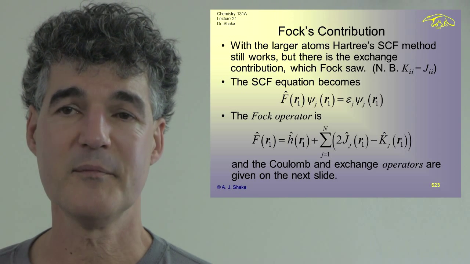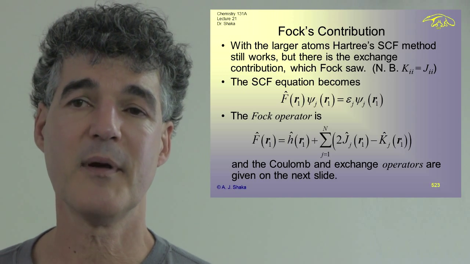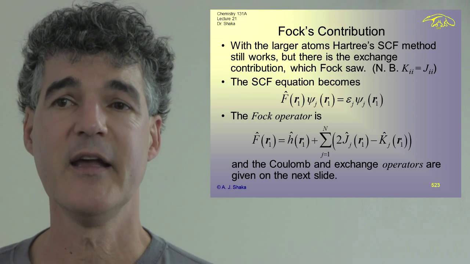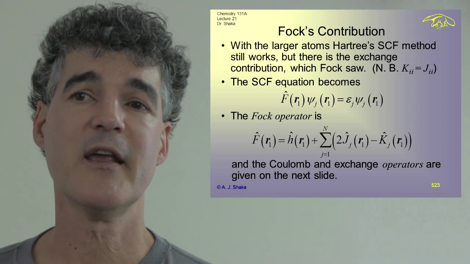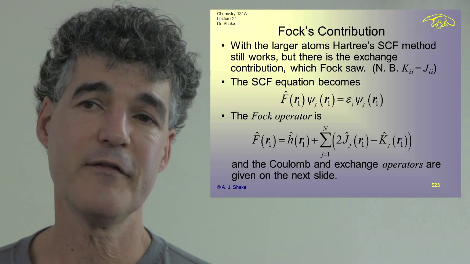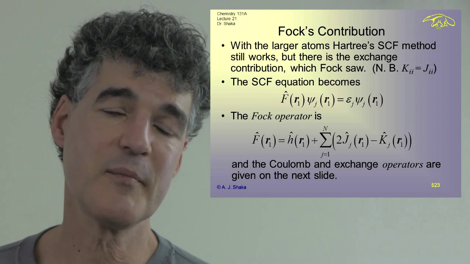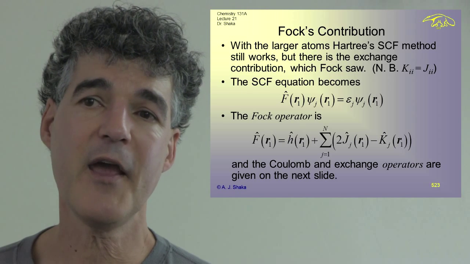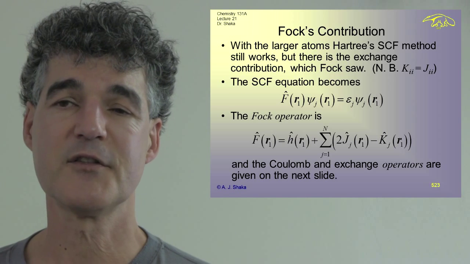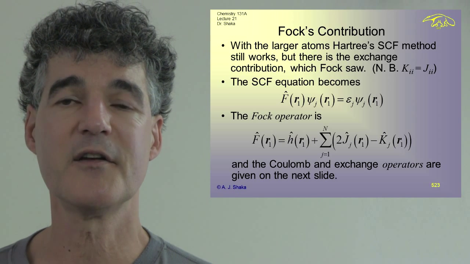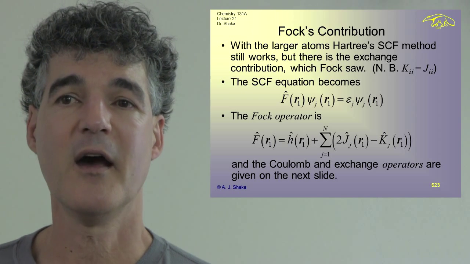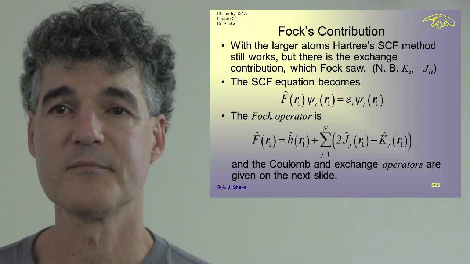And keep in mind, there's a kind of a shorthand here by using 2 J, and that is that when K or J, if both the indices are the same, then it doesn't matter that they were swapped. So K11 is J11, and K22 is J22, and so on. And that lets you write it in a tricky way with 2 minus the other one, because when they're the same, you get the right answer.